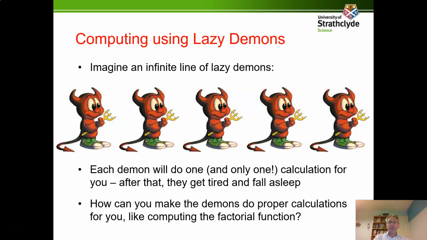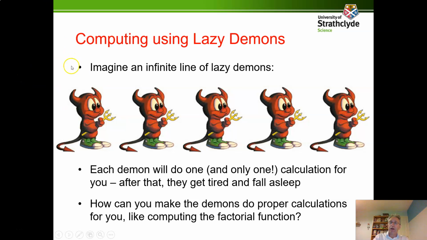Okay, so now I'm going to move on to the idea of recursion. And the way that I like to think of recursion is by having an infinite line of lazy daemons. Each daemon here does a little bit of a calculation for you, but after they've done one calculation, they get tired and they fall asleep. So in other words, they might add two numbers for you. They can also remember calculations.